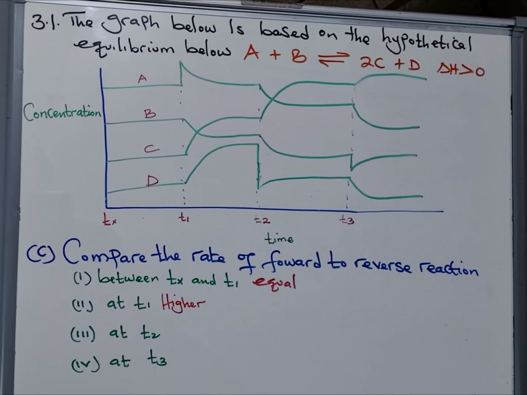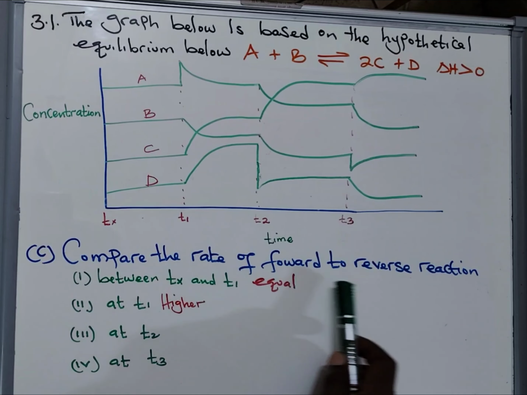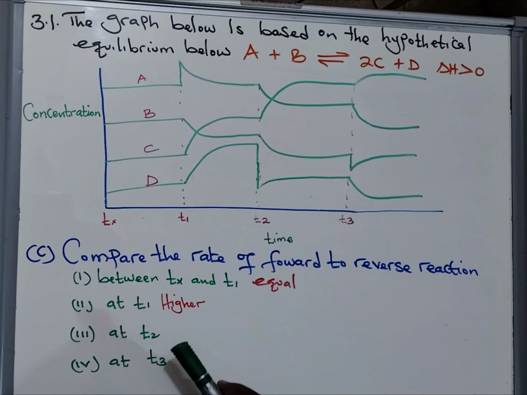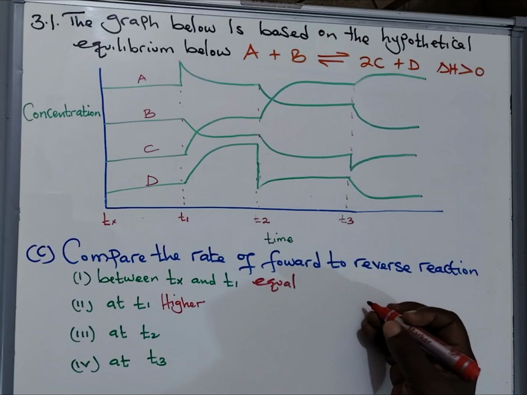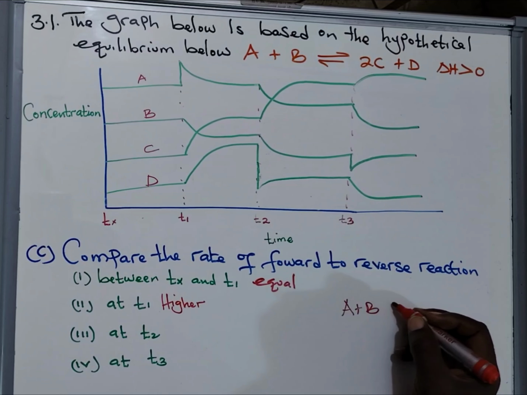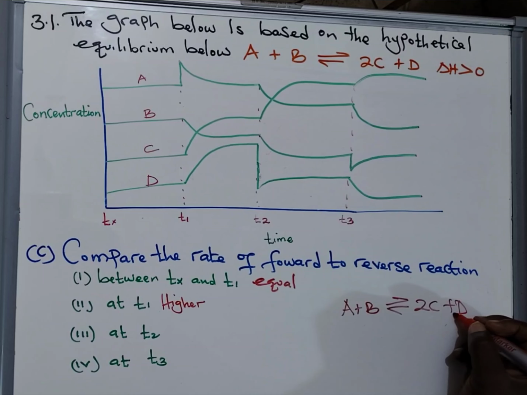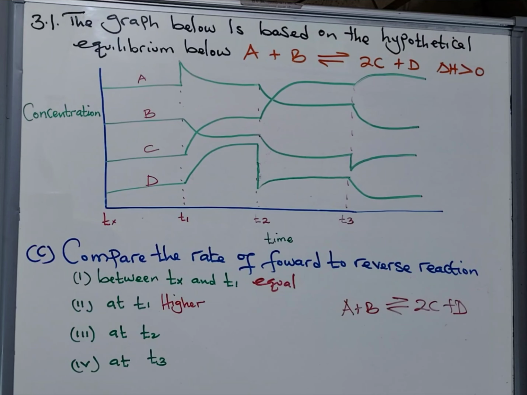Yeah, so we come to T2. Compare the rate of forward to reverse at T2. How do you go about that? The same approach. You have the equation of the reaction. And what is changing at T2? We are seeing concentration of D decreasing.